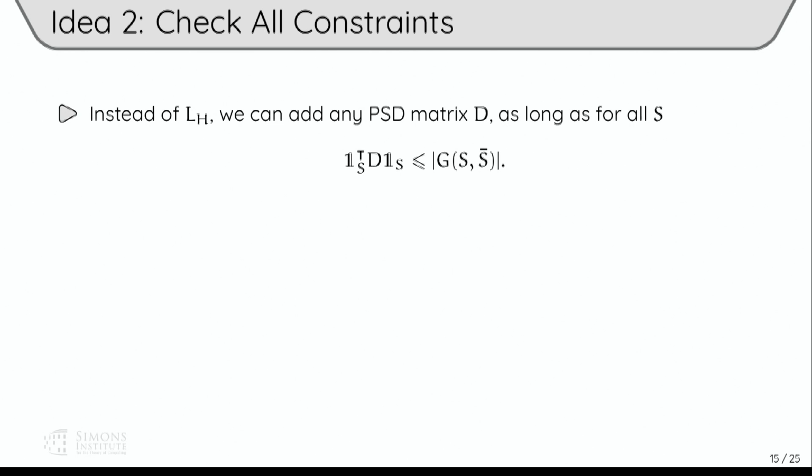So you put down variables for where you're adding the edges, and the constraints would be that in every cut, the quadratic form of the Laplacian is bounded by the quadratic form of the original graph's Laplacian.